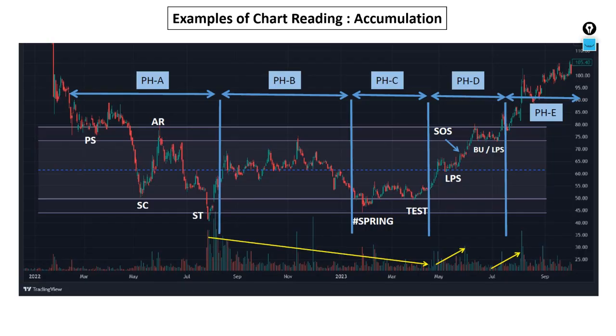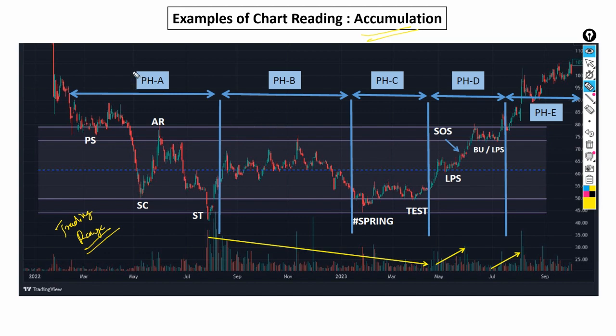So this is the first example of chart reading of an accumulation structure. As we see, this is a complete detailed analysis of a trading range as Wyckoff studied. So this is a complete trading range and its detailed analysis.